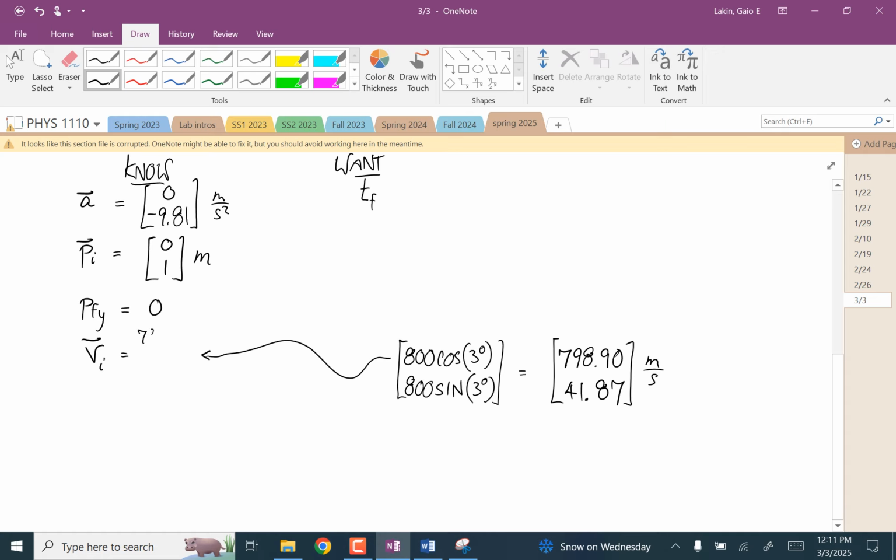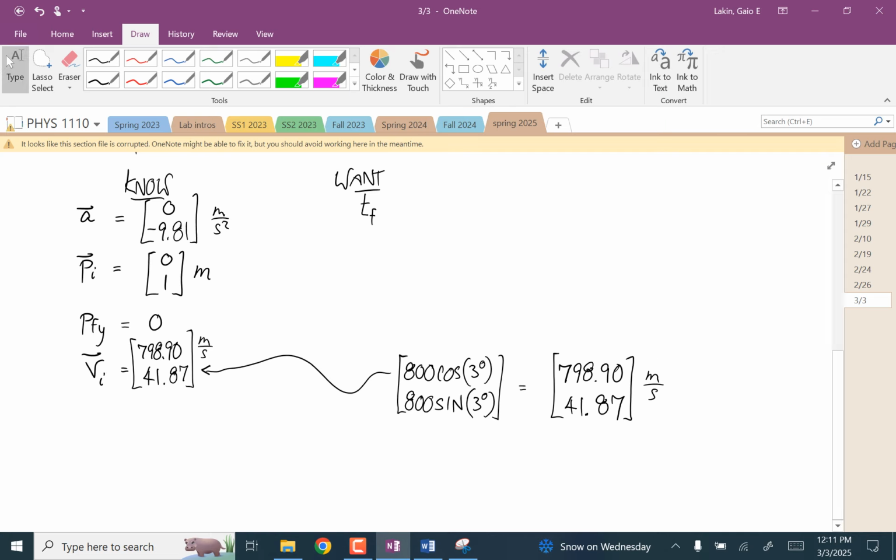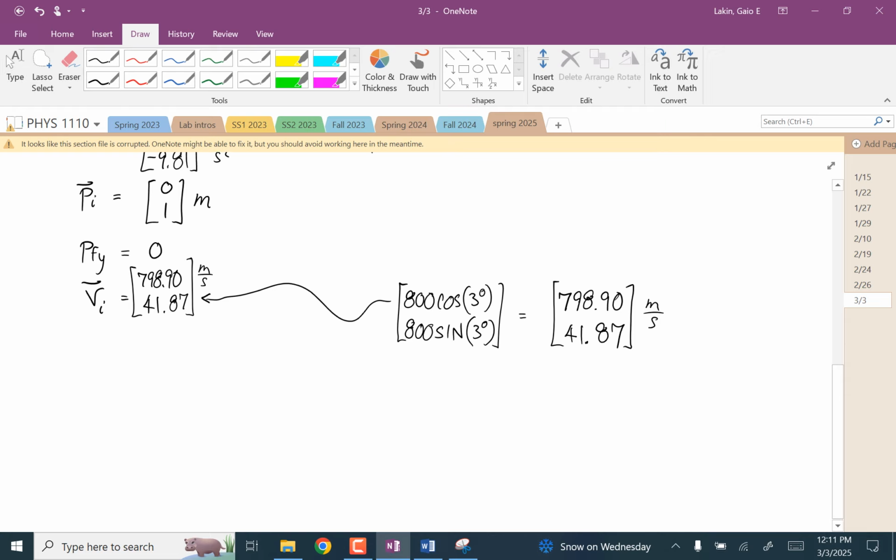Okay, so 798.90 and then 41.87. And then we don't know anything about V final, so I'll just leave that off. So the equation that we can use to find time final.